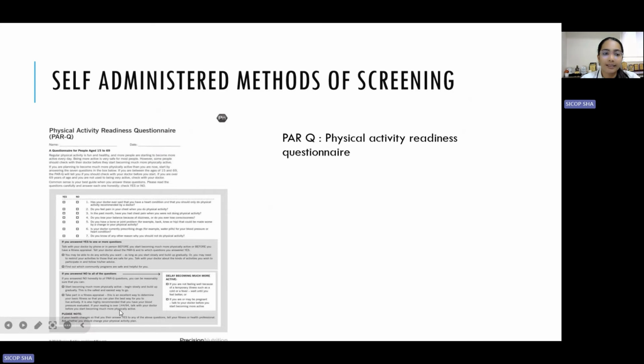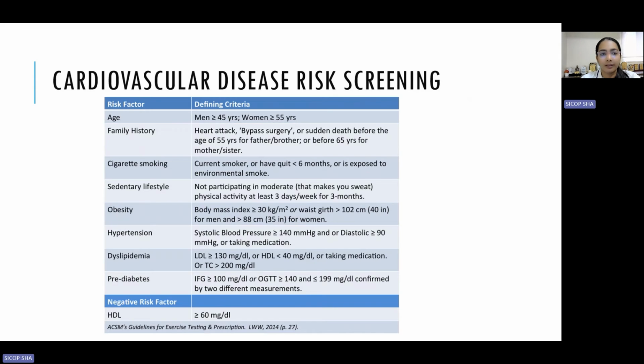So if you are physically fit, then your answer will be no for most of the questions, and the rest is okay. Then cardiovascular risk factor screening. So when we talk about cardiovascular disease risk screening, that means how likely is the person to get a cardiovascular disease.